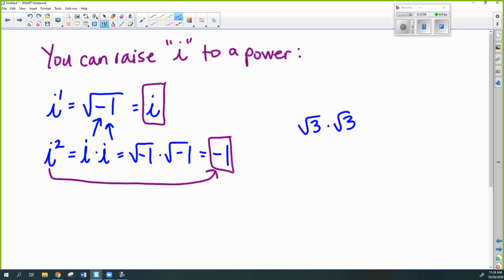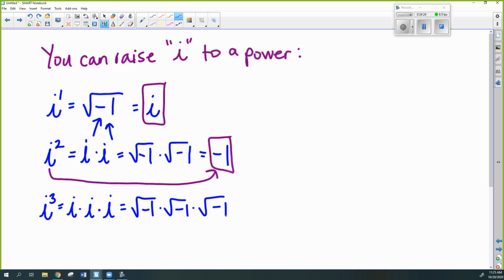All right, well, let's do the same thing with i cubed. Okay, so if I cube something, remember it's like multiplying by itself 3 times, right? All right, so then let's write that out as a bunch of square roots of -1s. All right, but you just told me that 2 of them multiplied together gives you -1.